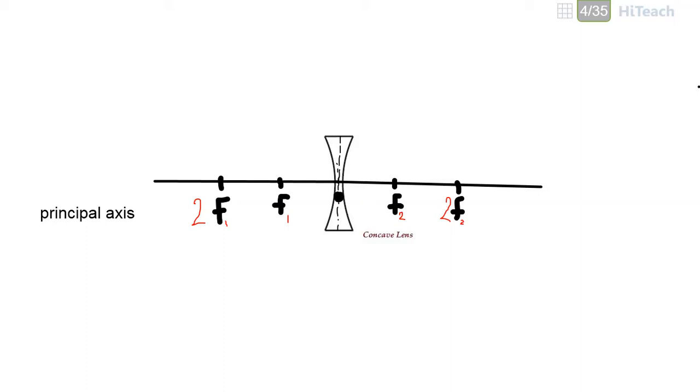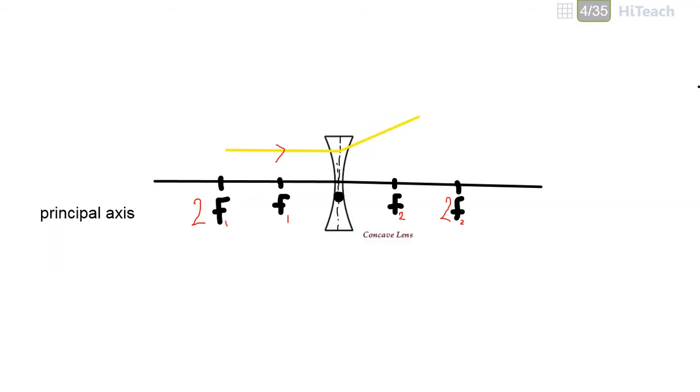So this is the ray of light. This one is parallel to the principal axis. Stop here. How will it refract, look at it. This is the direction. It will refract from this point like this.